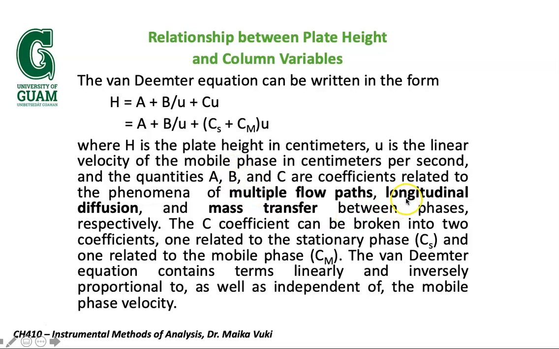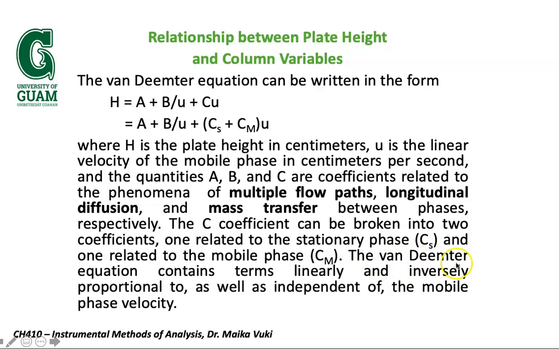The B term is the longitudinal diffusion, which is essentially the diffusion from the concentrated region of the analyte to the lesser, which goes to the edges of the boundaries of the analyte concentration, and then the mass transfer between the phases respectively, that is between the mobile phase and the stationary phase.